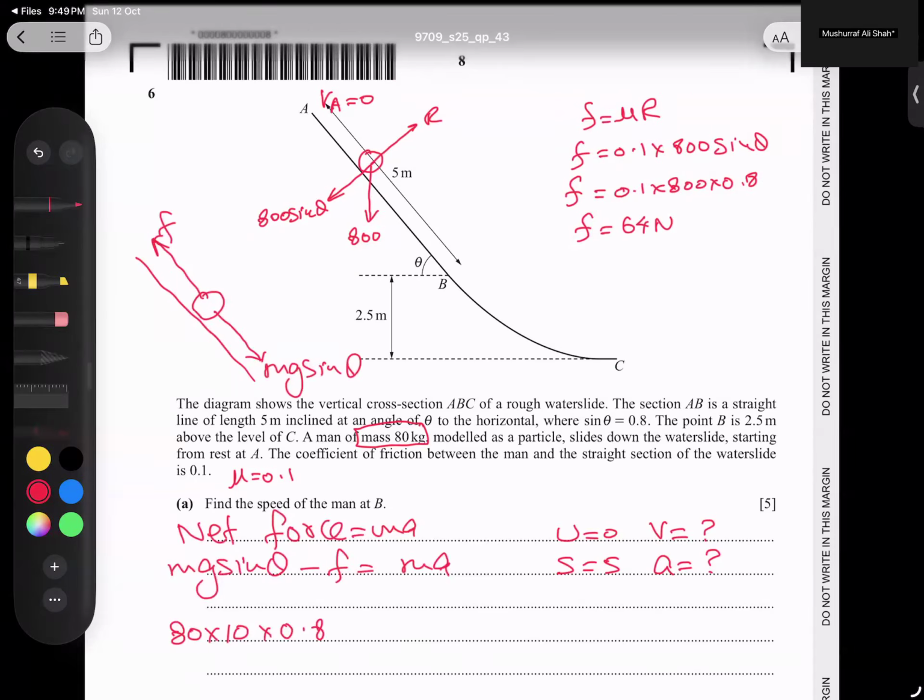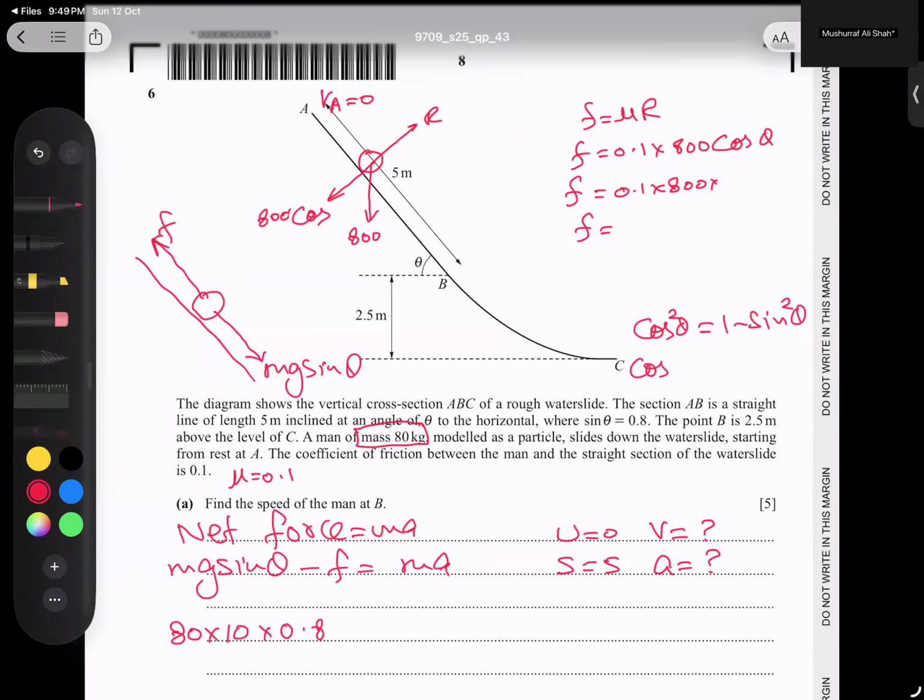Mass is 80, and gravity is 10, and sine theta is 0.8. And wait a minute, sorry, I made a mistake here. This is cos, not sine, this is cos. So I'm writing here cos, and same way here, cos. So friction changes only. So here cos theta. And cos theta, how to find, students? Cos squared theta is equal to 1 minus sine squared theta.